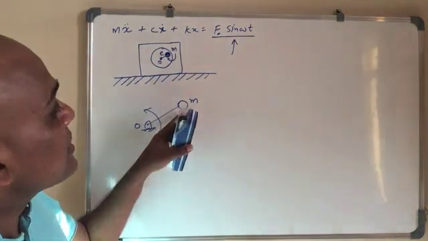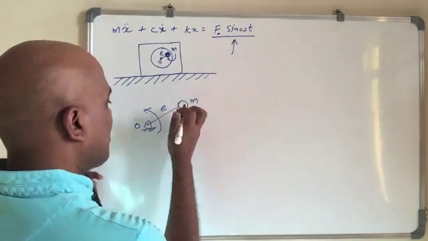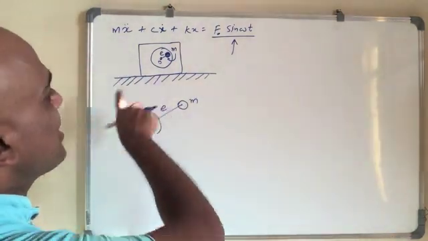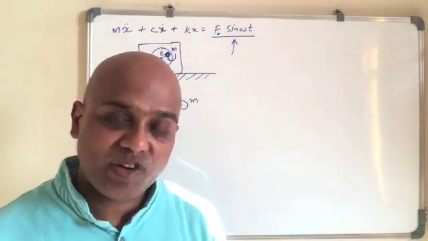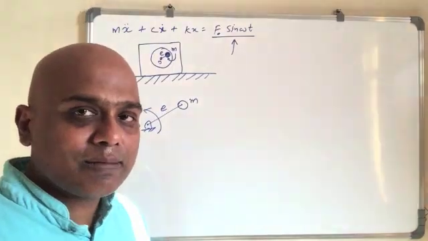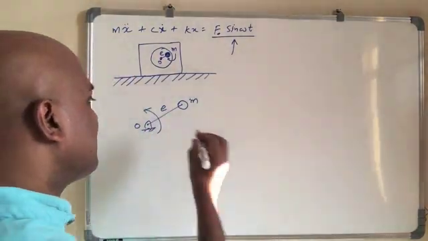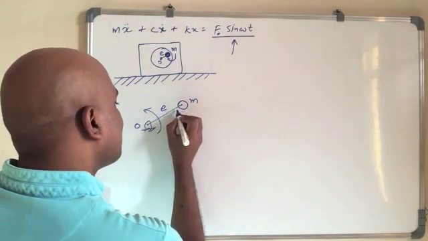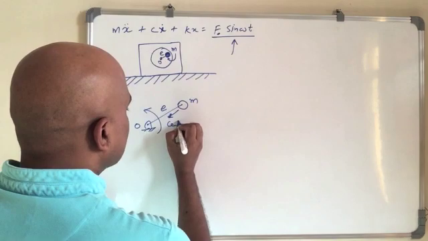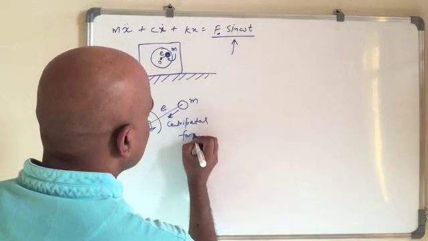Because of this rotation of this mass, which has a lever arm or eccentricity e, this is going to create some kind of force. When this rotates, you know that in order to rotate it, you need a centripetal acceleration. So this is the centripetal force. How much?